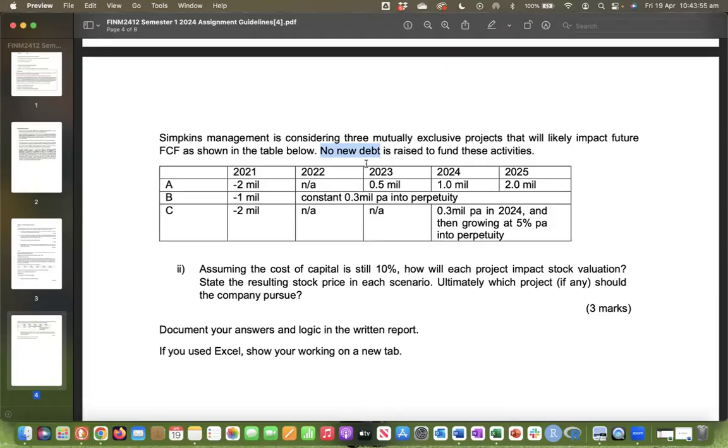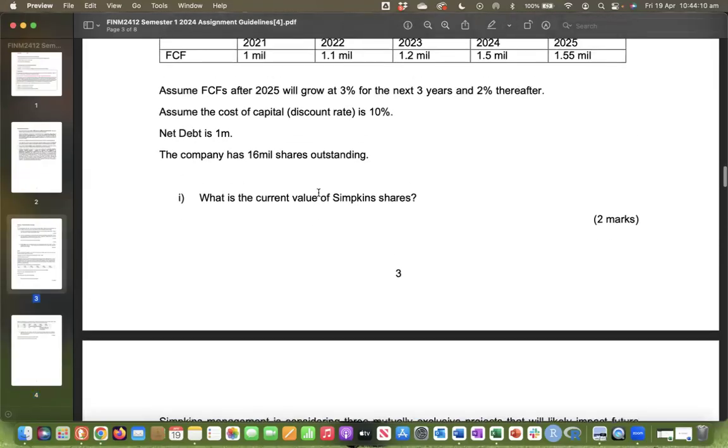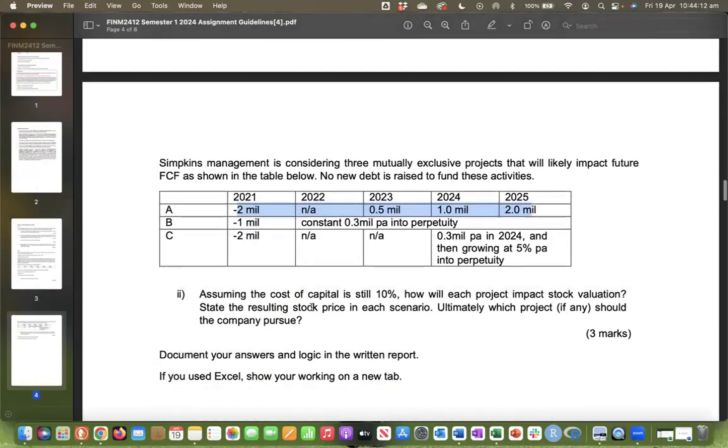So the discounting back to present value is going to be the exact same in this question as it was in the question above. However, all we're doing here is discounting back these values each individually to see the enterprise value impact and adding that on to the question above to see how it impacts the stock valuation and then the resulting stock price, assuming the same 6 million shares outstanding for each scenario.